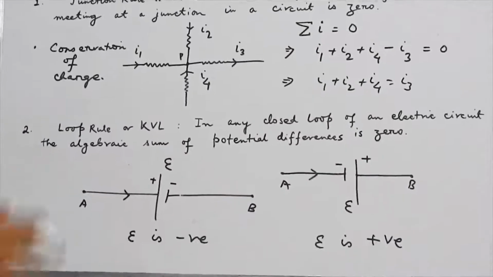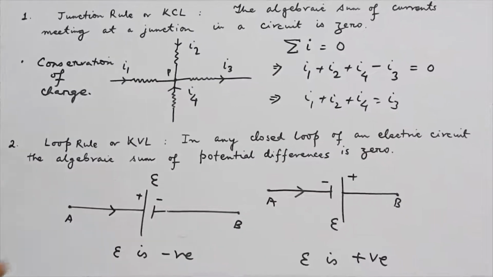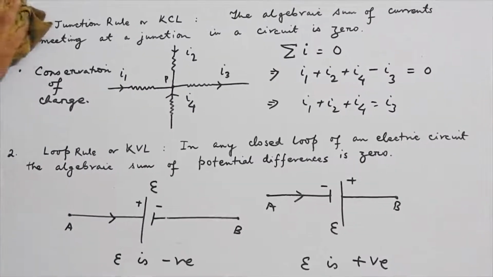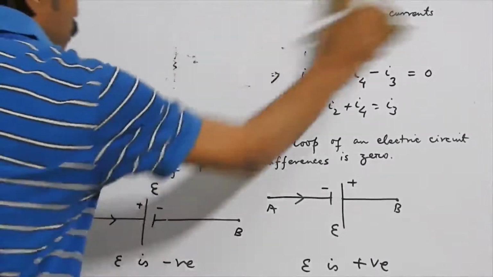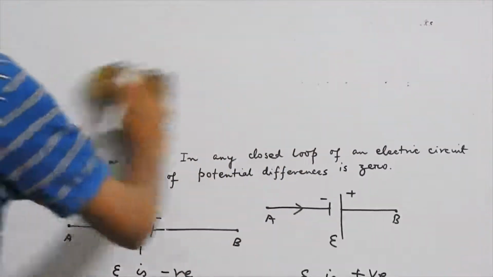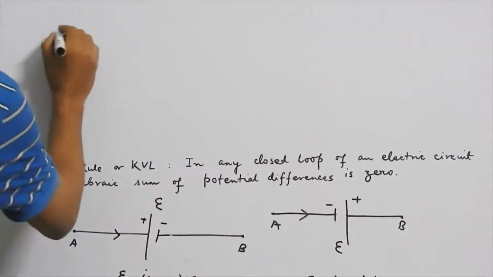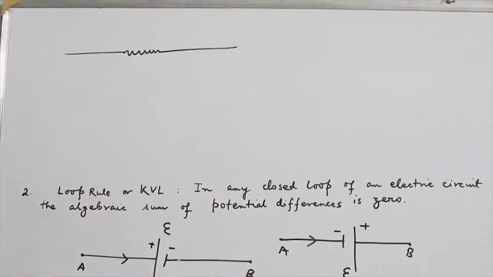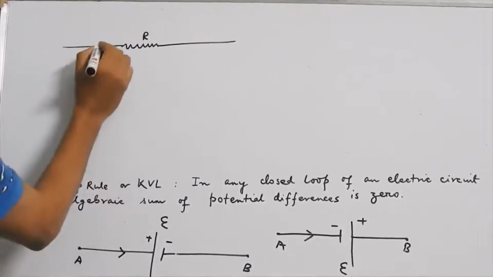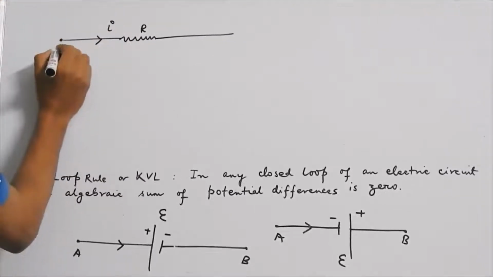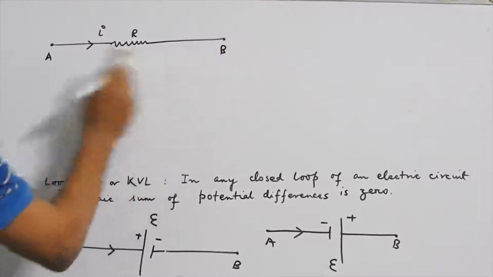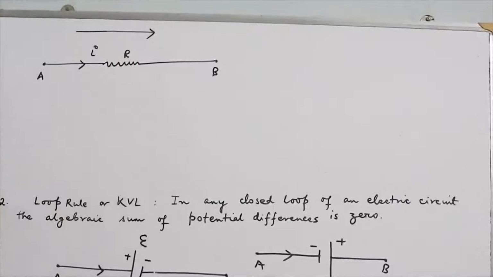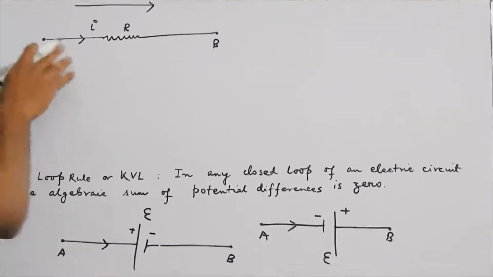Now, in some situation we might cross a resistance. So suppose we cross a resistance in the sense of the movement of the current. Then accordingly we have to use a sign convention for the potential difference across the resistance. Suppose this is a resistance R and a current I flows through it, and suppose we are moving from one end of the resistance to the other end in the sense from A to B. That means this is our direction of movement, A to B. Now we know that current flows from high potential to low potential.